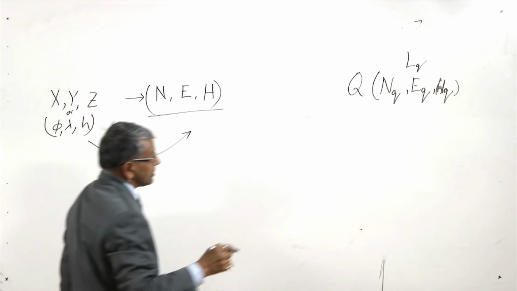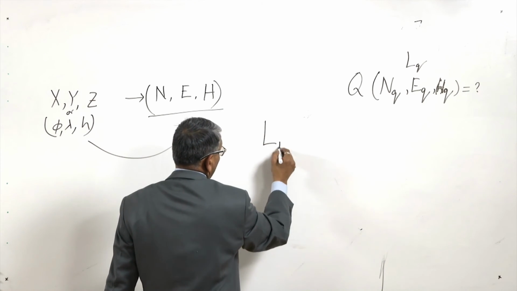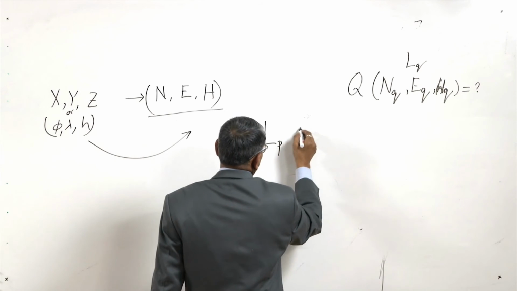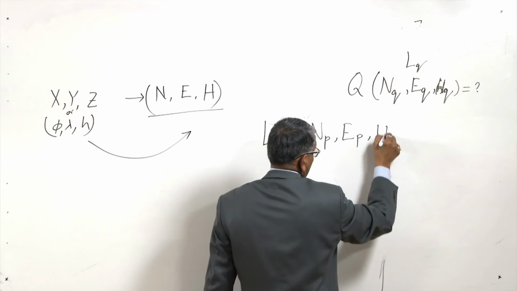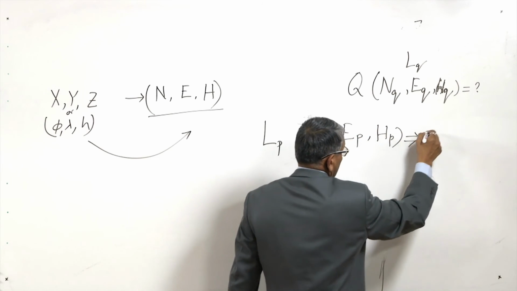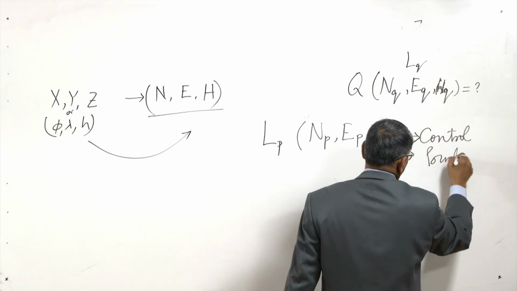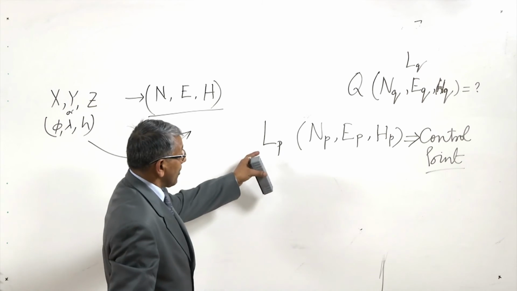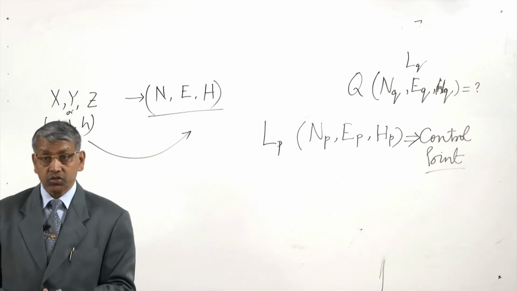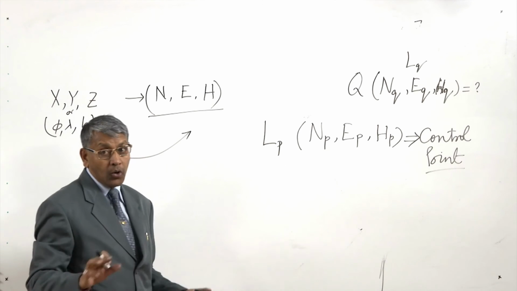In order to know the local coordinate of the point Q, we need to know the local coordinate of the point P. That means we need to know NP, EP, HP. That means a point P will be behaving as a control point. Control point means a point whose position is known, and its position in terms of local coordinates should be known.